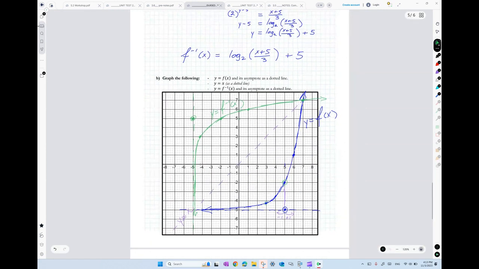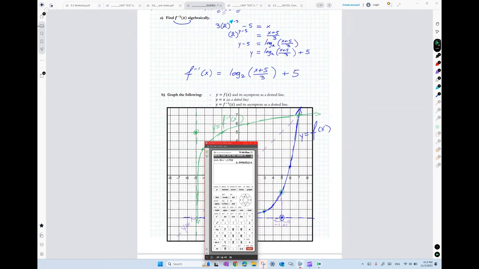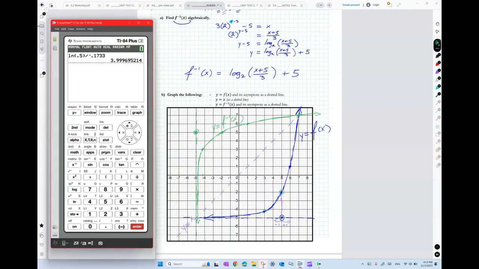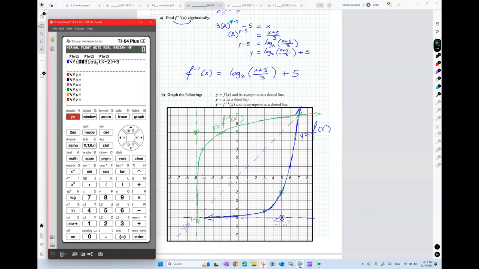Now you can always check your answers with your graphing calculator. If I punch that in, log base 2, so alpha window 5, base 2 of, so here I'll have a fraction, x plus 5 on top, divided by 3, and outside plus 5.